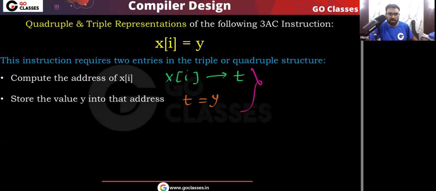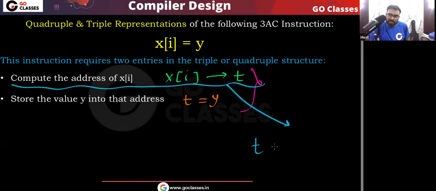Is this point clear? Now let me tell you one thing here. You might be thinking why I am writing like this. Why am I not writing t = x[i]? Basically I am saying that we will calculate the location. We need to compute the address, and we need to store it in some t.